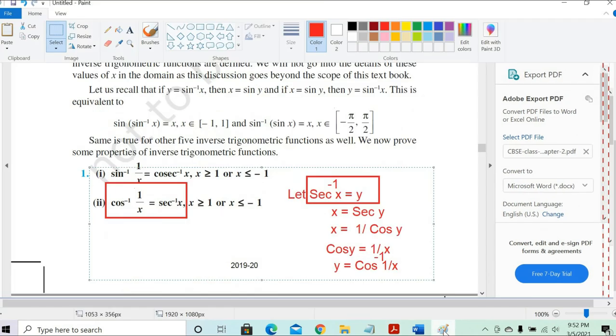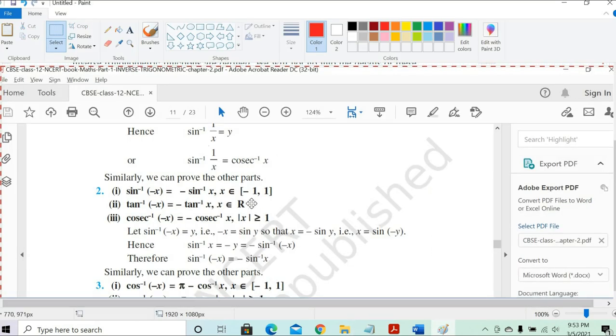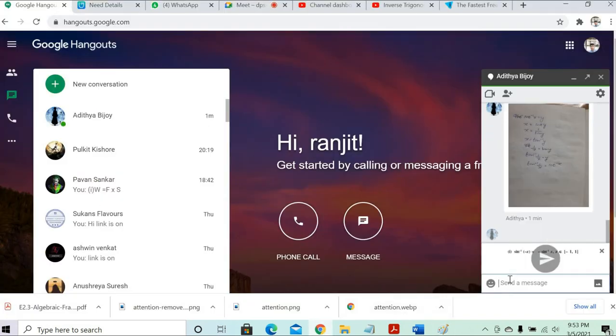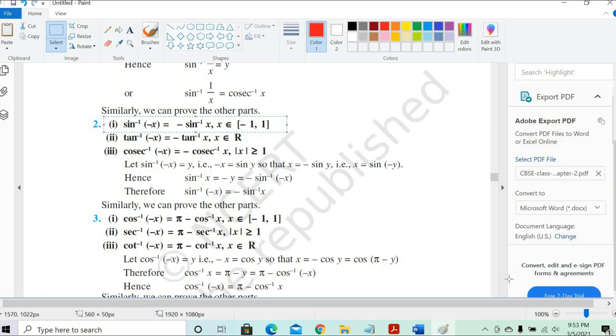So let's understand this part. We need to understand how the sine inverse of minus x is basically equal to minus sine inverse x. The method remains the same. Let sine inverse of minus x be equal to y.